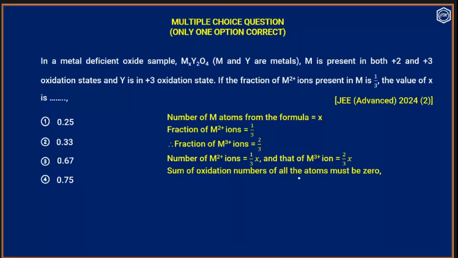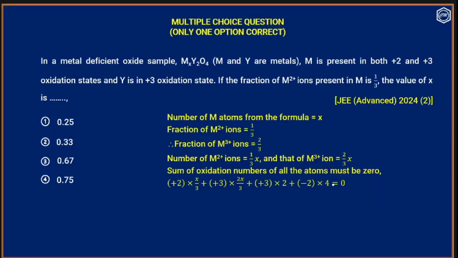Sum of oxidation numbers of all the atoms must be 0 in a compound. So therefore, +2 into X/3 for the M2+ ions, plus +3 into 2X/3 for the M3+ ions, plus for Y it is +3, so +3 into 2, and for oxygen it is -2.